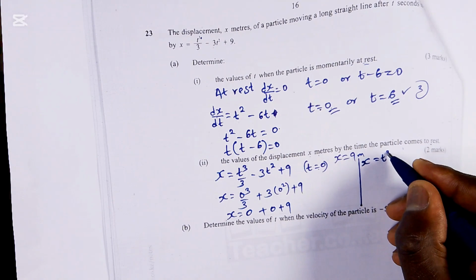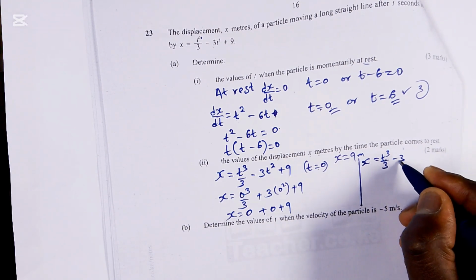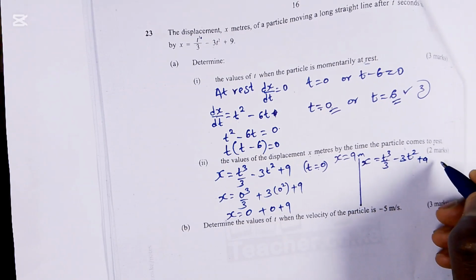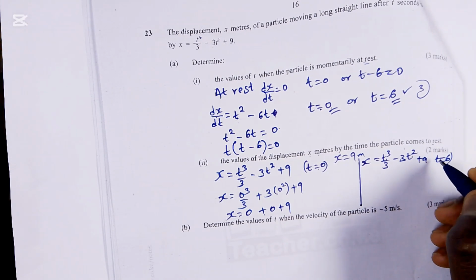h is t cubed over 3 minus 3t squared plus 9 when our t is 6.